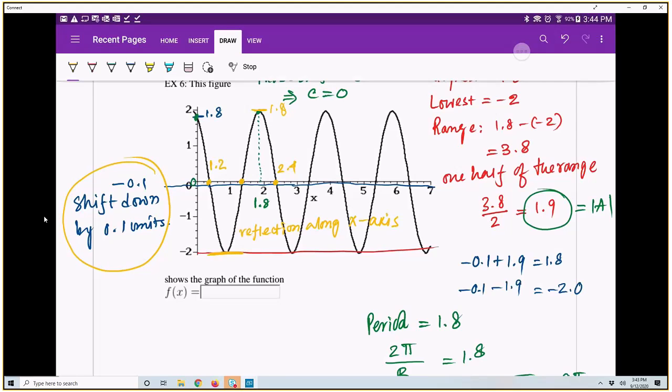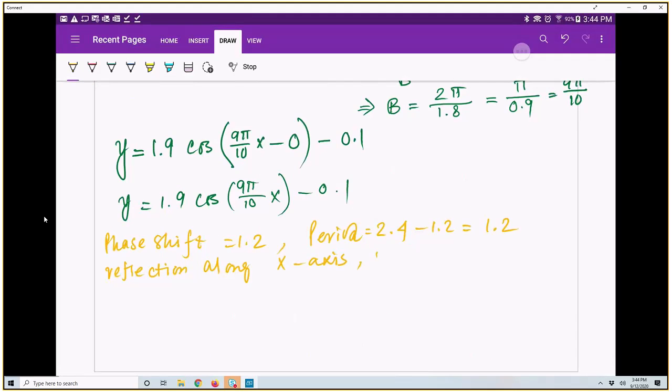Again, why am I saying a negative shift of 0.1 units? Because the highest value is 1.8 and the lowest value is -2. So the same work as in the previous situation with the cosine function will give me a vertical shift. So let me write that too. Vertical shift of negative, or you actually can say 0.1 units downwards. That's a vertical shift of -0.1 units as well.